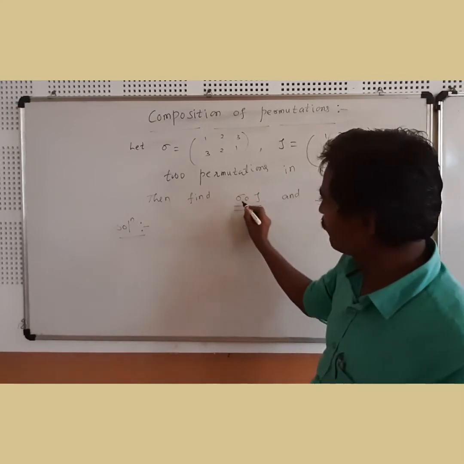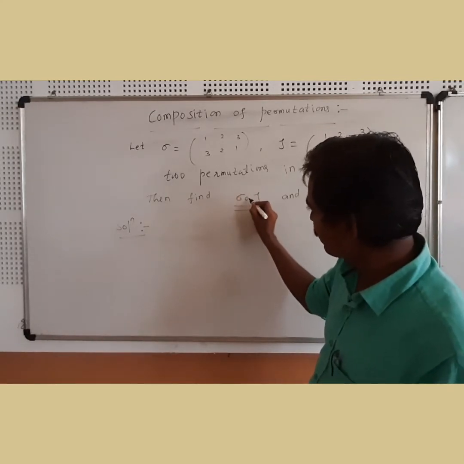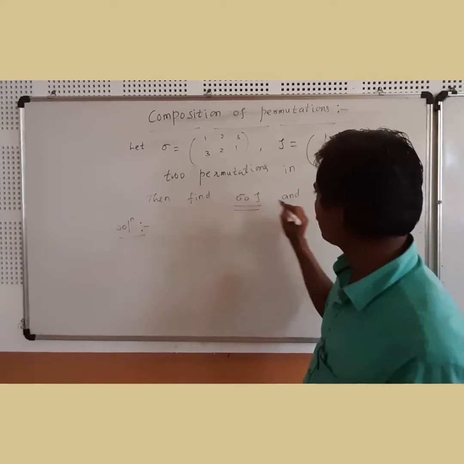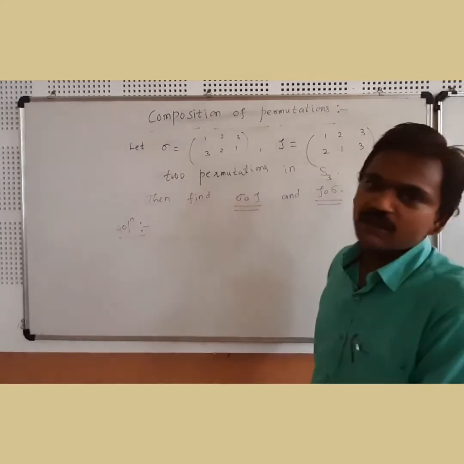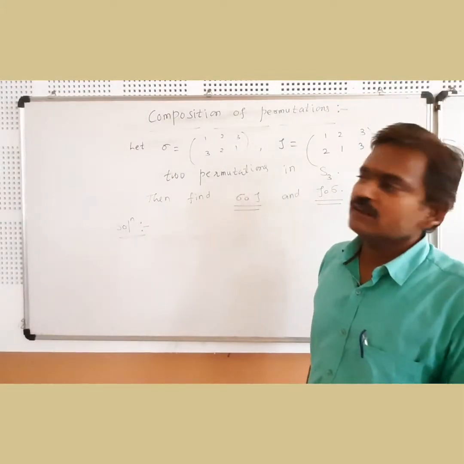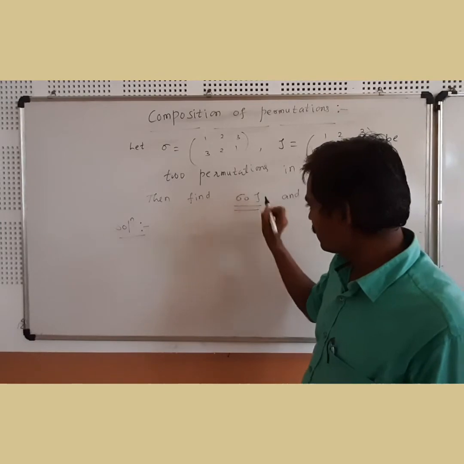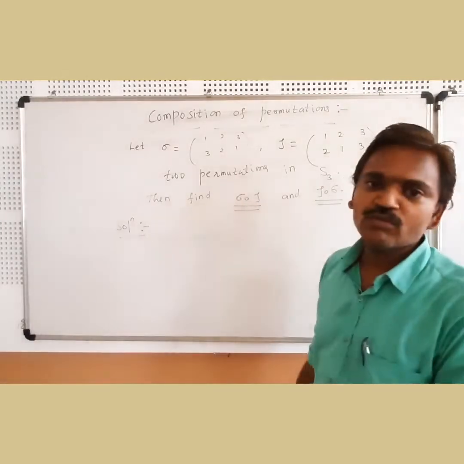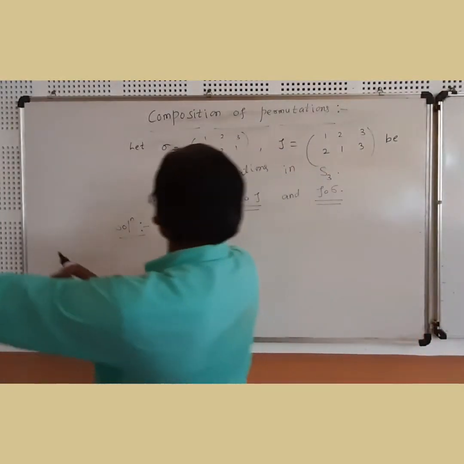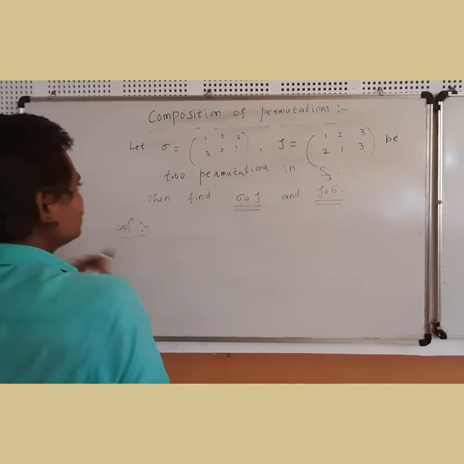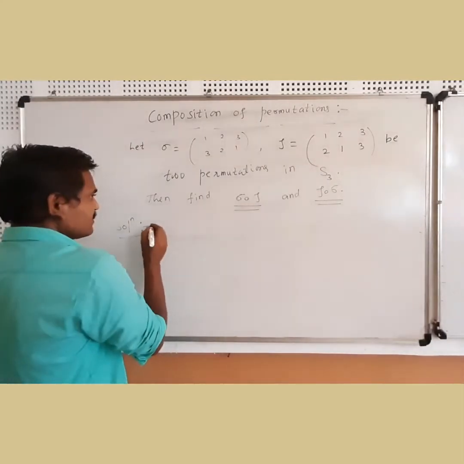Therefore, we can find sigma composition tau and tau composition sigma. One more thing to note that sigma composite tau is not equal to tau composite sigma. So how to calculate the product of two permutations? Let us see.